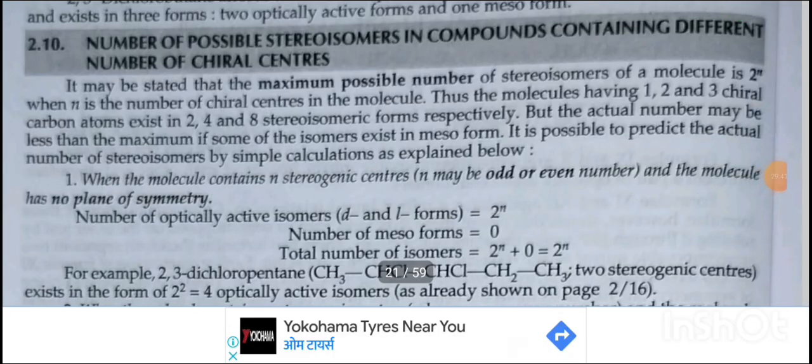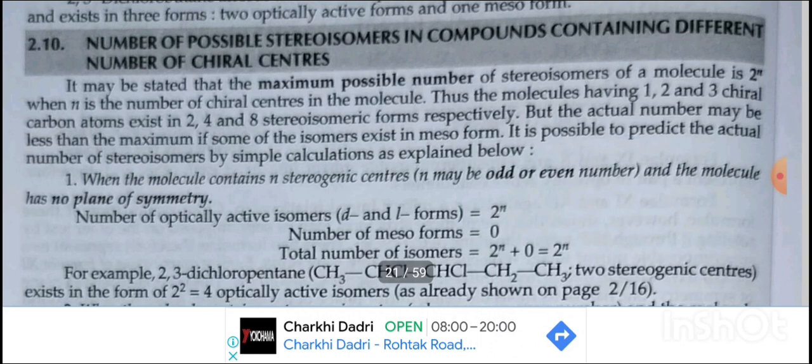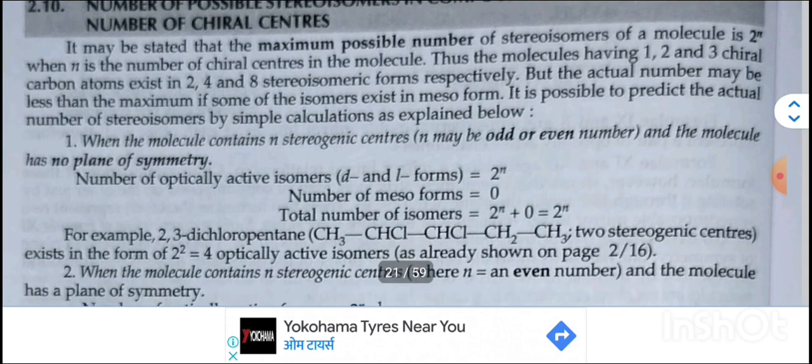Number of possible stereoisomers in compounds containing different numbers of chiral centers. It may be stated that the maximum possible number of stereoisomers in a molecule is 2 to the power n, where n is the number of chiral centers of the molecule. Thus, molecules having 1, 2, 3 chiral carbon atoms exist in 2, 4 and 8 stereomeric forms respectively.